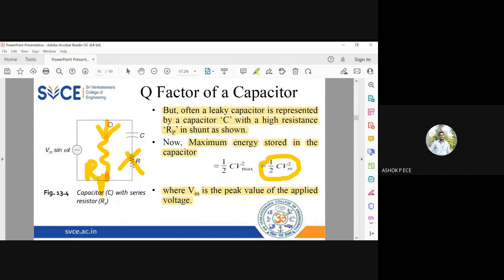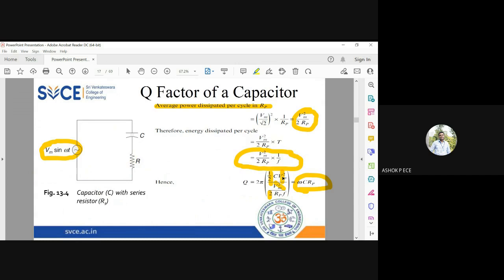So maximum current starts flowing through RP and minimum current starts flowing through the capacitor. So it is called leaky because it leaks the energy to the parallel resistance. So it is called a leaky capacitor. And we got the expression omega C RP.